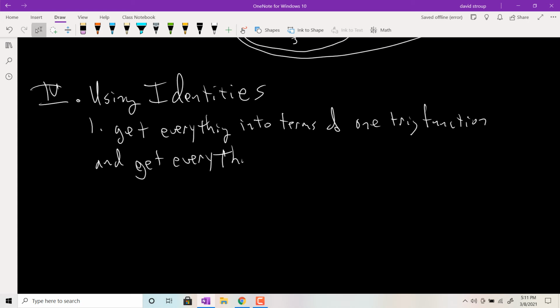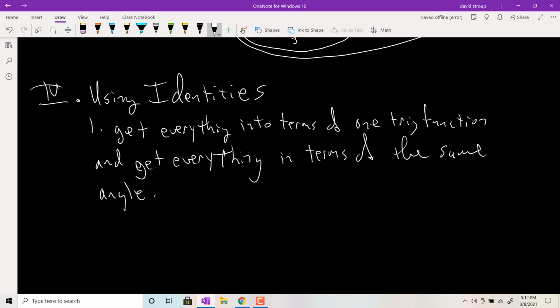You don't want to have the sine of 2x on one side and sine of 5x on the other side. That's going to be a pain. You want everything in terms of sine of 2x if possible. So get everything in terms of the same angle.